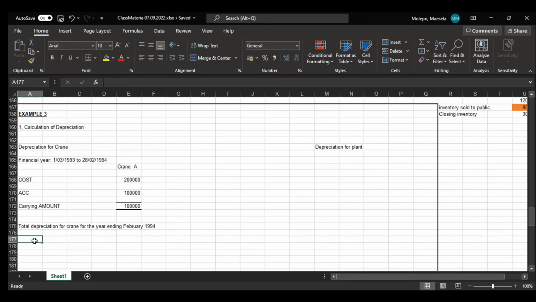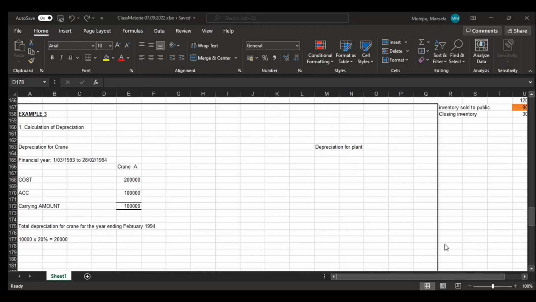So it means we will say it will be 200,000 minus 100,000, then we are left with 100,000. Then the 100,000 that is left, multiply by 20%, right? And it's for the whole year, I get it. Which will be how much? It will be 20,000. Then this will be the total depreciation for this asset as at 28 February 1994.